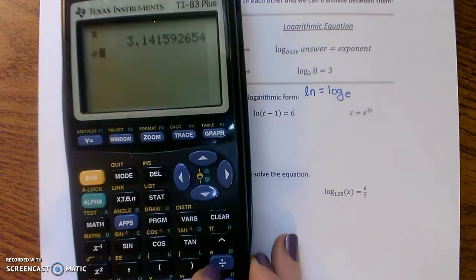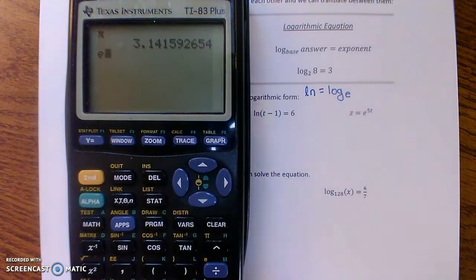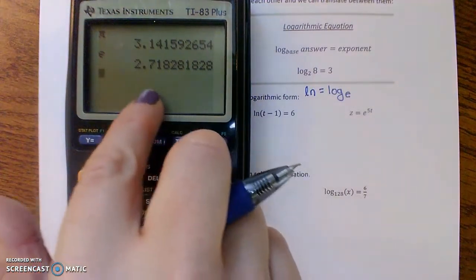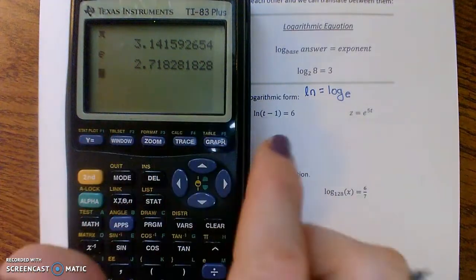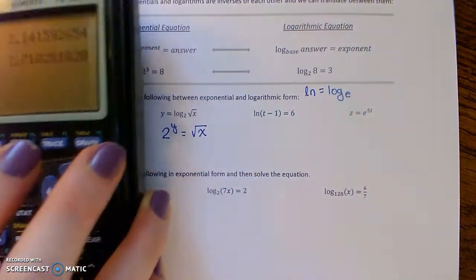Similarly to pi, the exponential number e is a decimal that has infinitely many digits after the decimal point and nothing ever repeats. It's approximately 2.71828, and it's used a lot in nature.